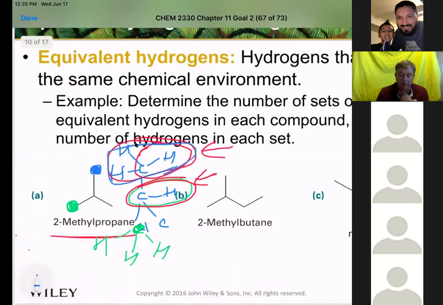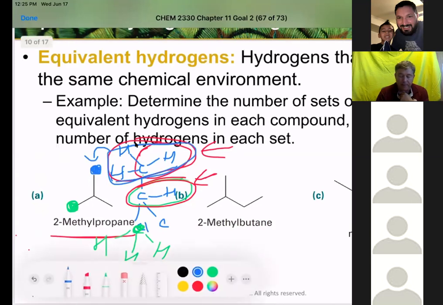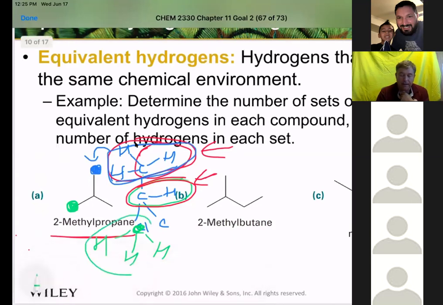These right here are all equivalent, and they have exactly the same environment. They have exactly the same connection as this. We have our carbon in the middle with 1 hydrogen on it, and then this is a methyl group. This is a methyl group. That means that the green carbon there is equivalent or has the same electronic structure as the blue methyl group there.